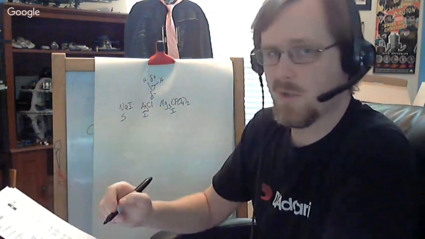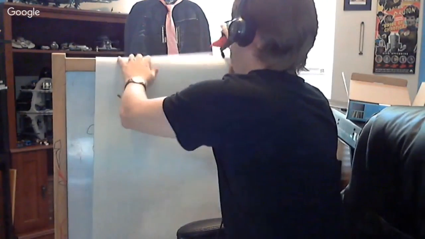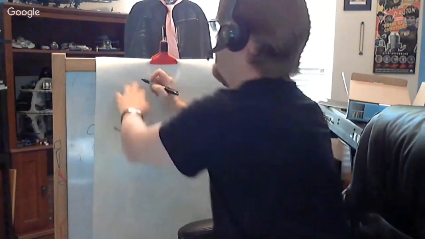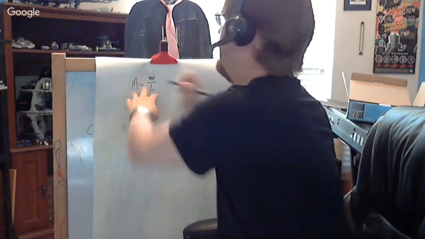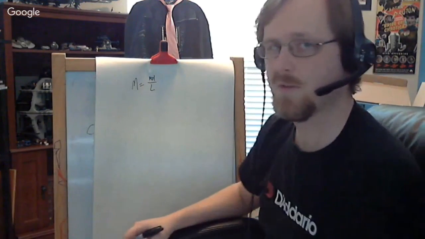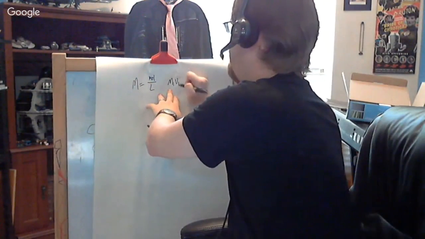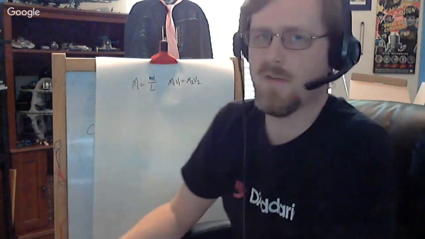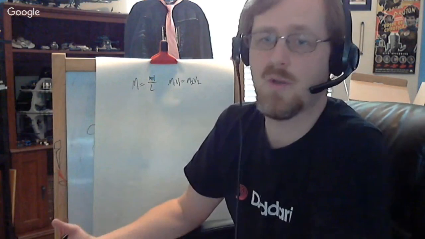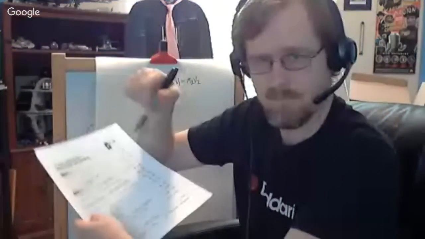The first equation is the molarity equation: molarity equals moles divided by liters. Then we also have the dilutions equation, which is M1V1 equals M2V2. Remember, these are not anything you have to memorize, because all you have to do is look them up on the chart, find the formulas, and move on with it.